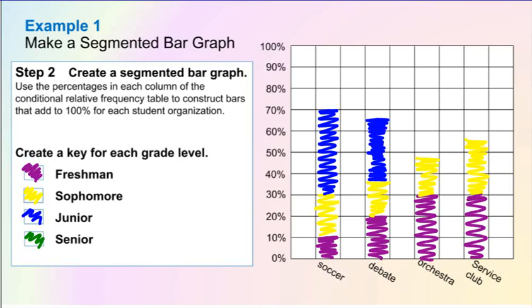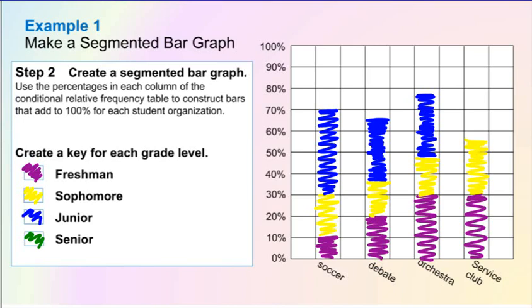Next is 30% orchestra. So let's see, here's 2, 12, 22, and then 8 more, that would give us 28, or 30.